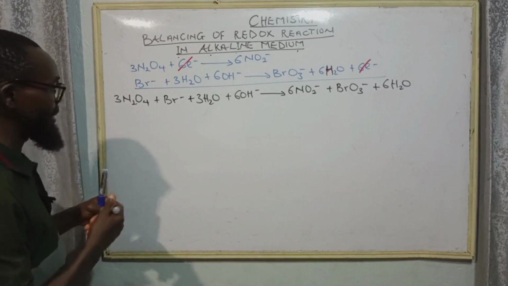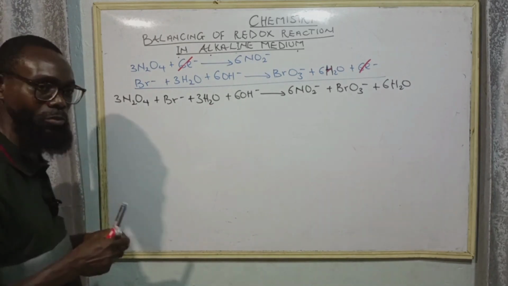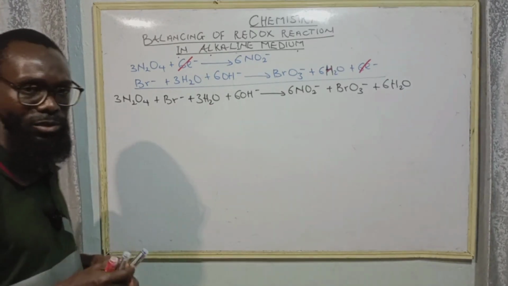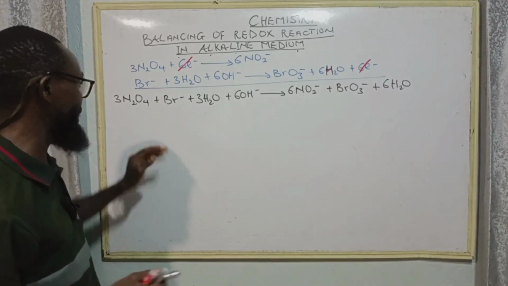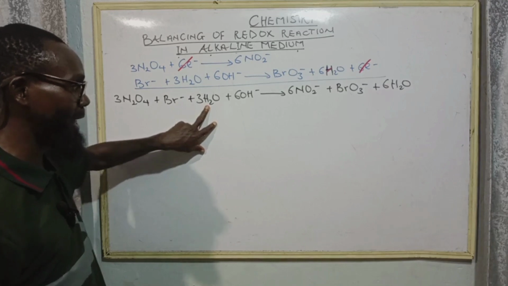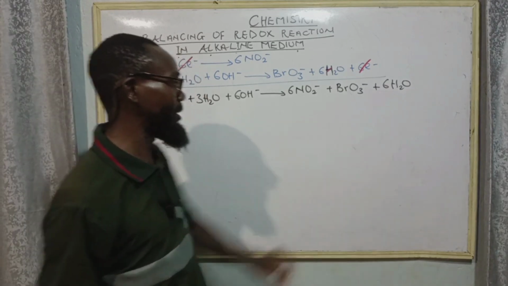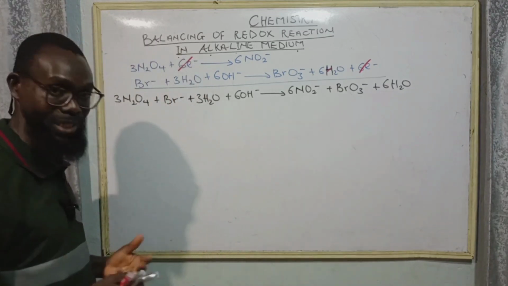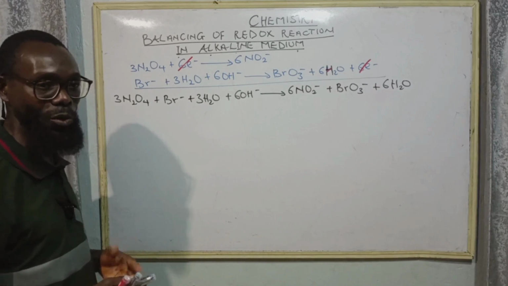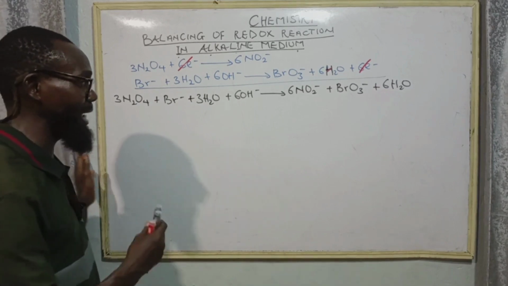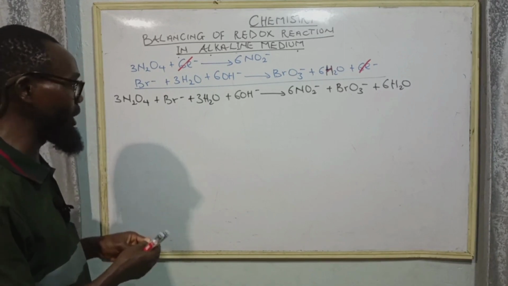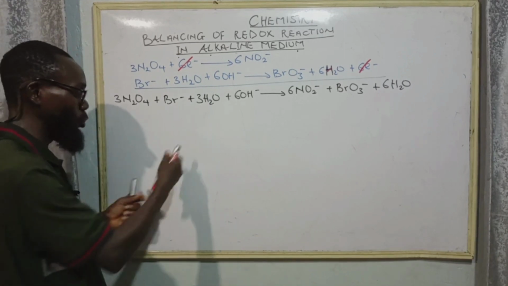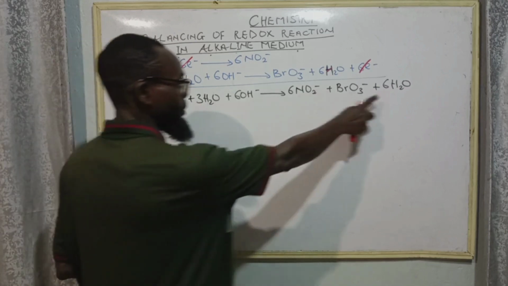Now, look at this. We have some compounds that belong to the left and right. 3H2O is there, 6H2O is there. These are called spectators. We don't allow both sides to have the same spectators. So this 3H2O will be subtracted from this 6.